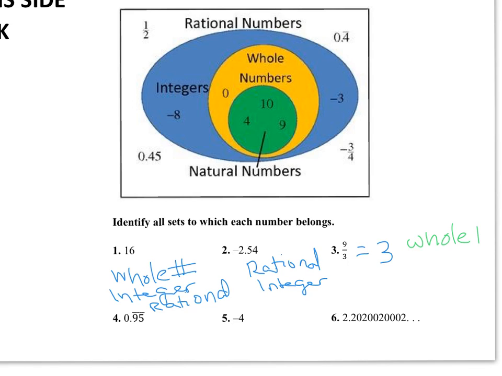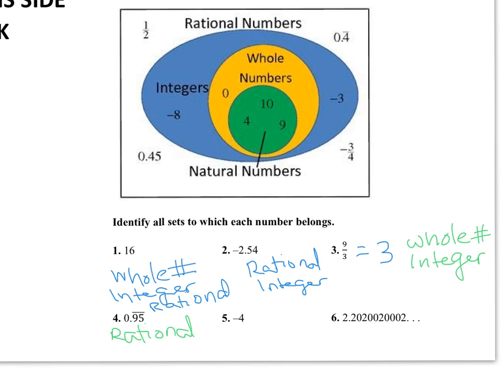And because it is a whole number, it's also an integer and a rational number because it fits in all those categories. Then for question number 4, we have 0 and 95/100ths repeating, because you notice we have a repeating bar over our value. So this is a rational number. Because it is a repeating number, it only fits in that category.